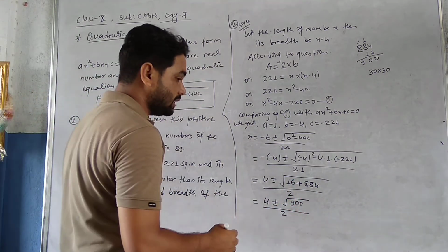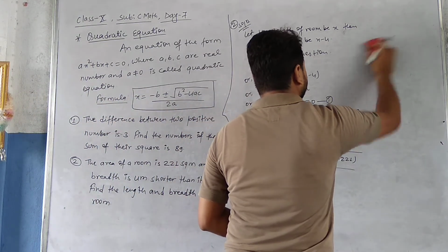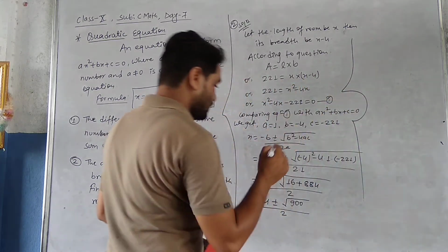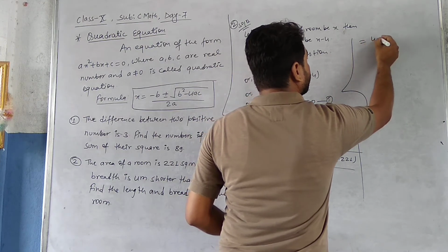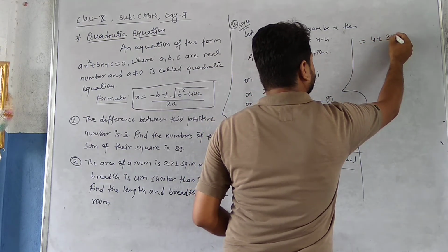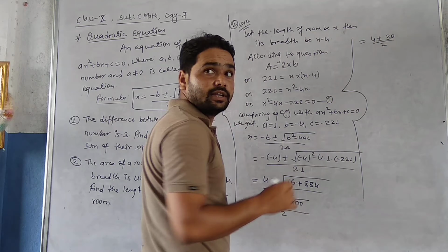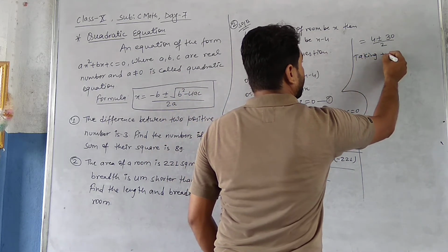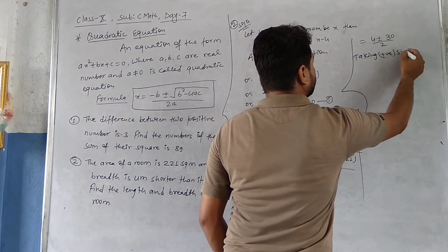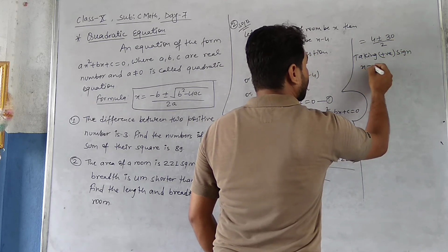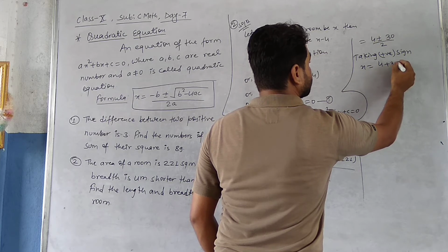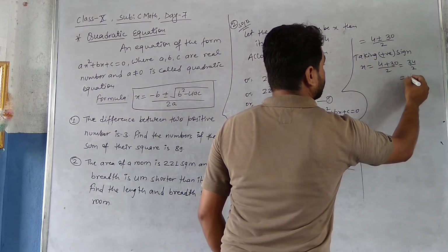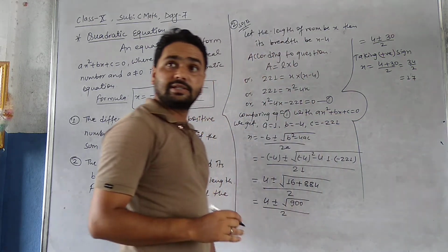So let's take out the square root of 30 from there. So we get 4 plus minus 30 by 2. Now taking the positive sign first, x equals 4 plus 30 by 2, that means 34 by 2 equals 17.